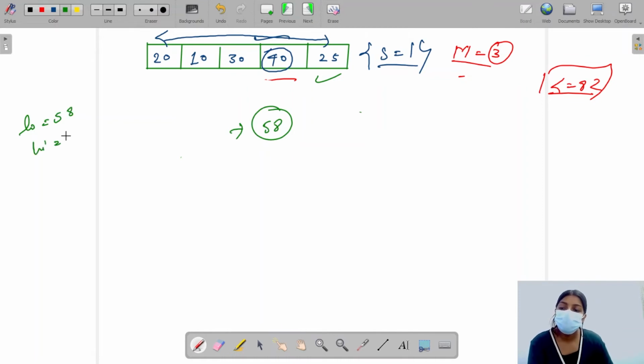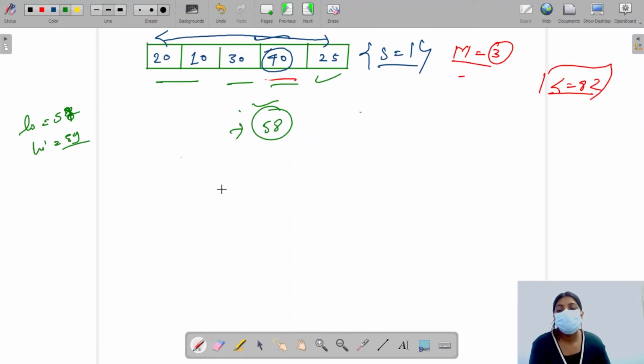It was 57 initially, now it is 58. I again check. It's not possible, because my first student can read these two books, my second can read this book, my third can read this book only. One book will remain, right?